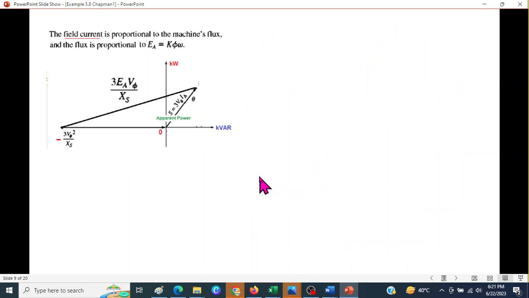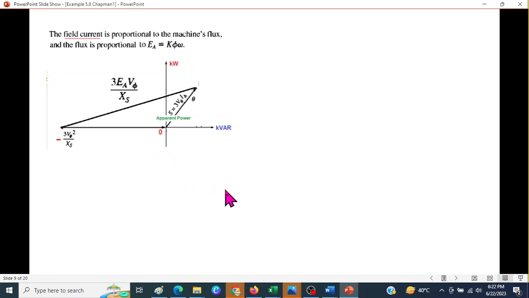Then we come to the field current. The field current is proportional to the flux, and the flux is proportional to EA by this formula. Therefore, this diagram, which was representing EA in the voltage diagram, in the power diagram is 3EA V over Xs. So this arm will represent the field current.